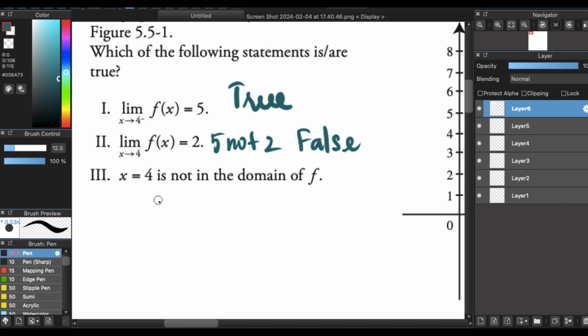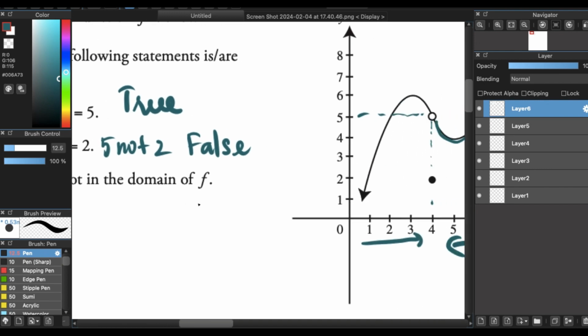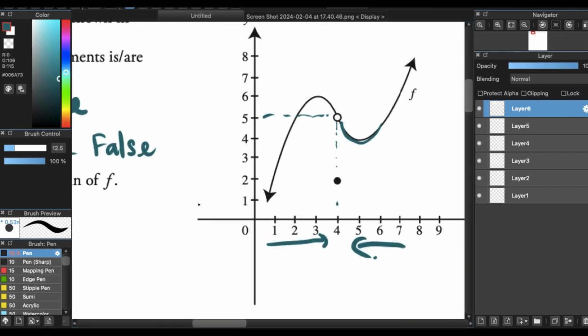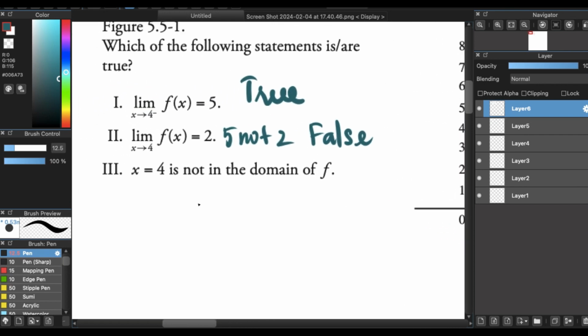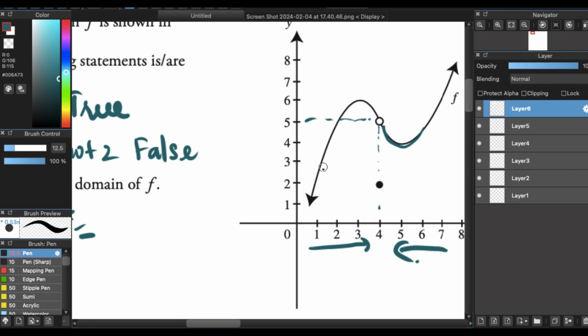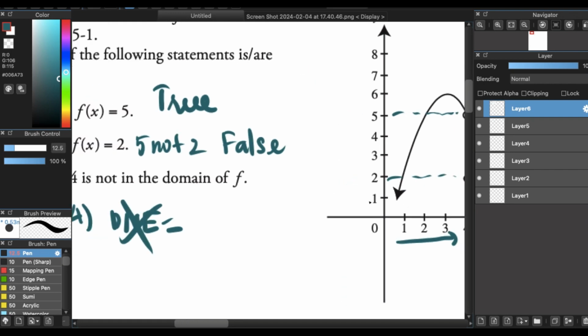The next statement: x equal to 4 is not in the domain of f. This statement is also false, because if x equal to 4 is not in the domain of f, then f(4) does not exist. But it exists, and what is our value here? 2, right?